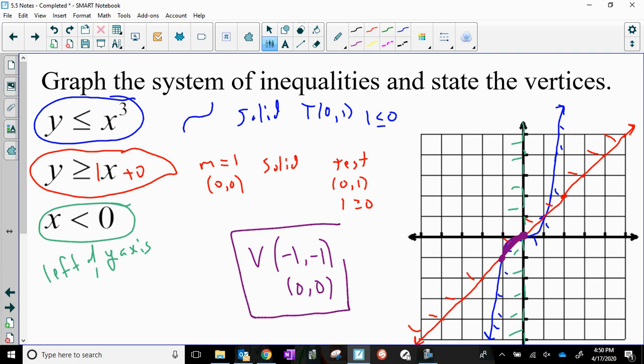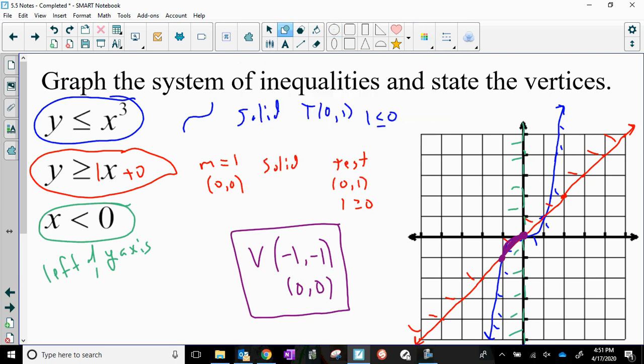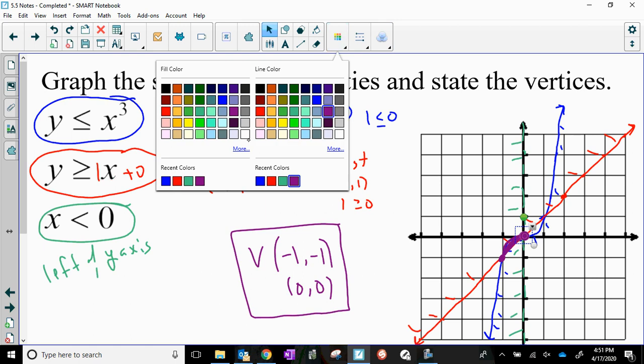Now, negative 1 satisfies the system. 0, 0 technically would be an open dot. We're not going to get that picky on that one, but technically it is open. So let me get a little fill color in there.